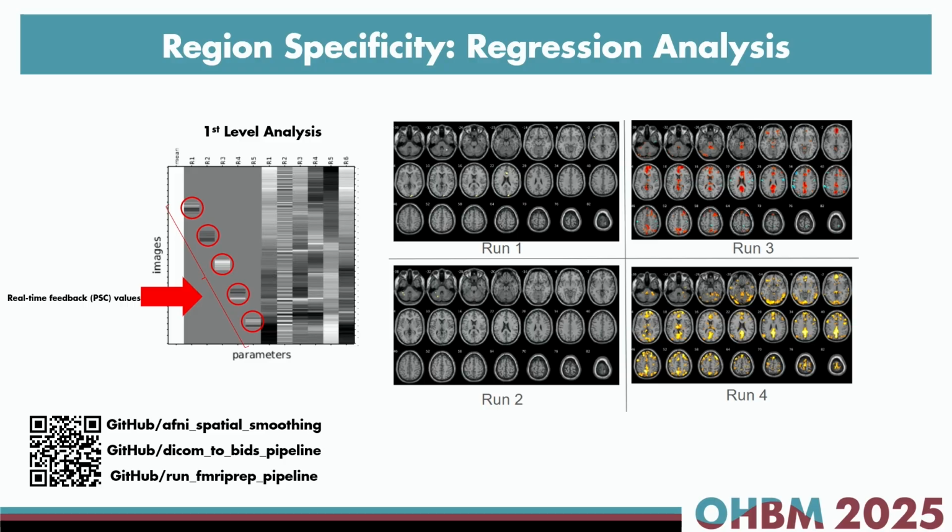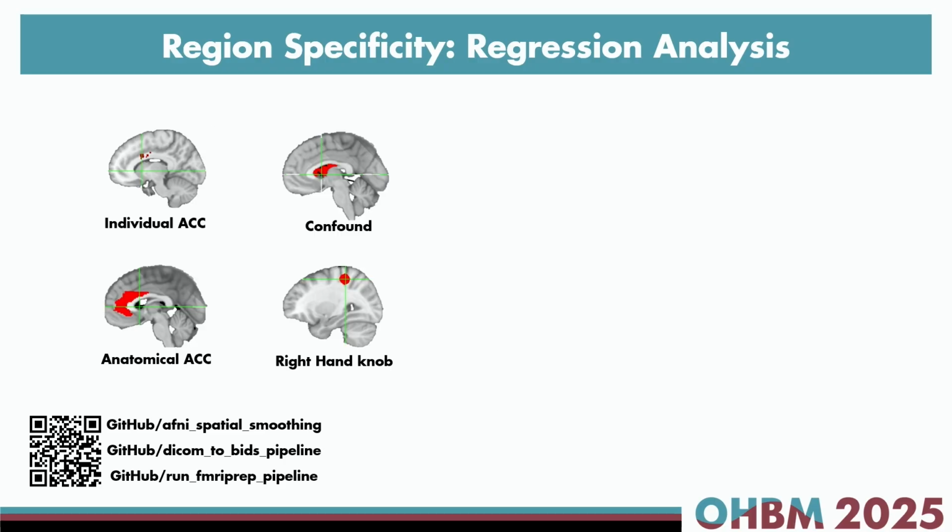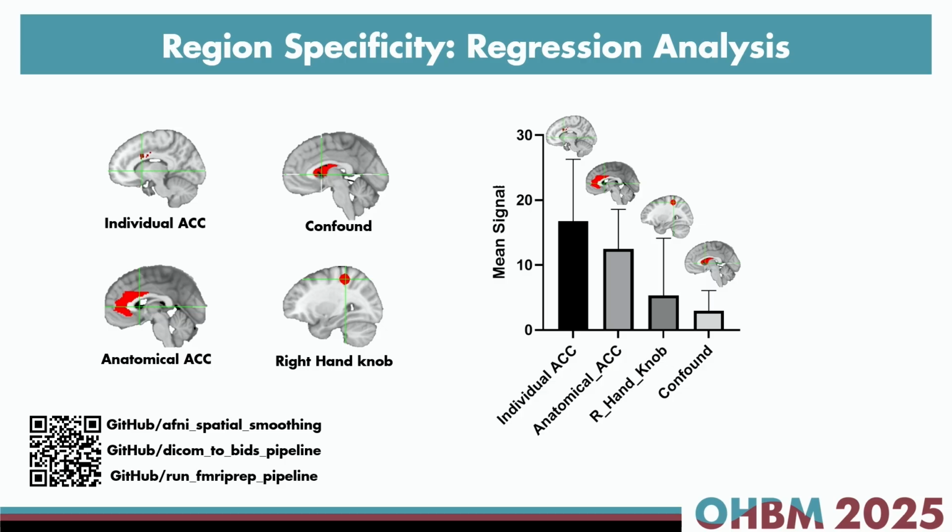This is only for one participant, but even at a group level, you can see that we used personalized ACC, confound region, anatomical ACC, which was that bigger region, and right hand knob as a control region, as somewhere random, to see whether there's going to be a pattern of specificity of the feedback that we provided to participants.